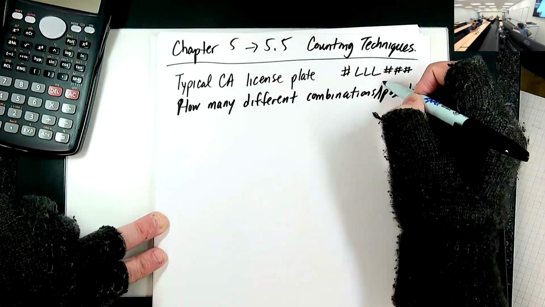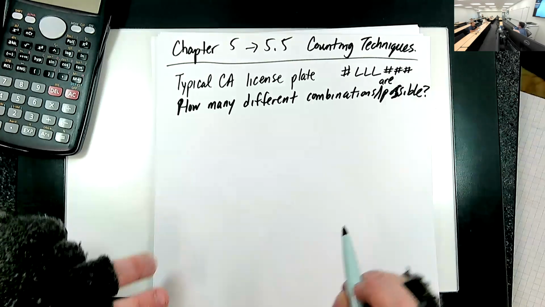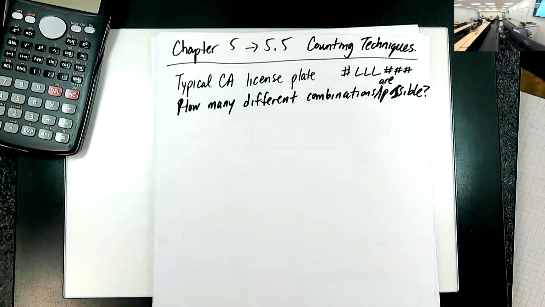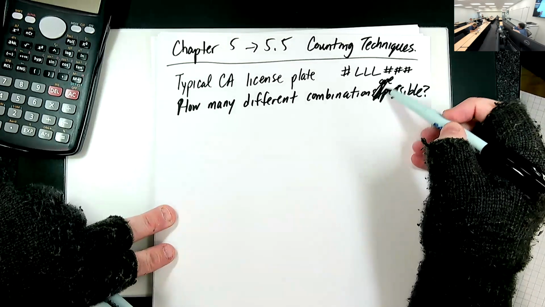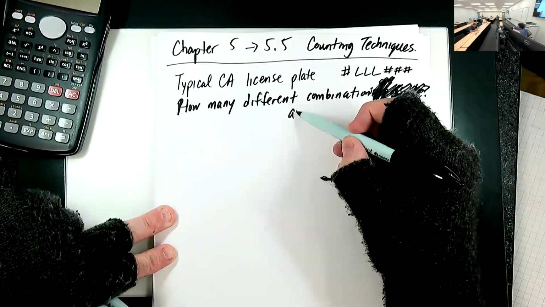I missed the word R. How about we just rewrite that part right there? How many different combinations are possible?